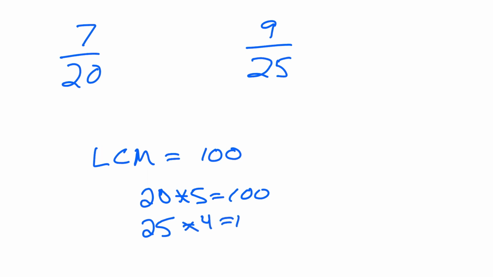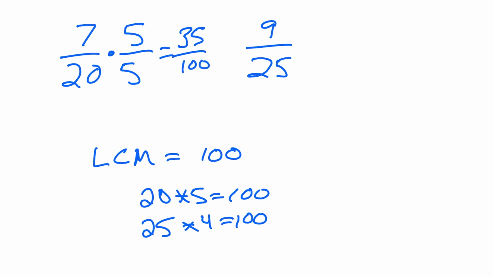So let's look at 7/20. If I multiply 7/20 by 5 over 5, which remember, any number divided by itself is 1, and anything multiplied by 1 is itself, so I'm not changing the value, I'm just changing the container. So 5 over 5 times 7 over 20 becomes 35 over 100.